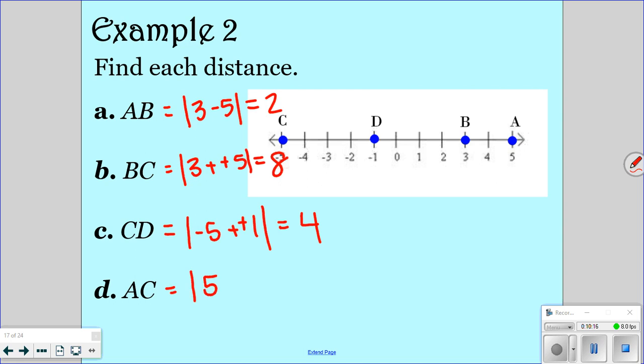A is 5, and then minus a -5. So add those together, and you get 10. And if you pick to do, like on this last one, we could have done -5 minus 5. That's a -10. Absolute value of that is still 10. It doesn't matter which point you start with. You're just looking for how far apart are they.